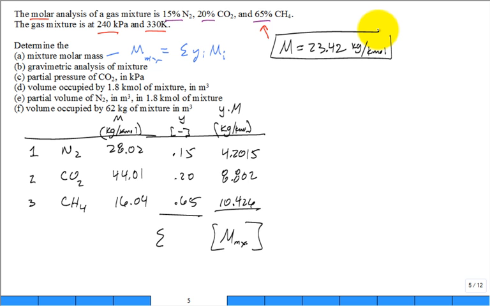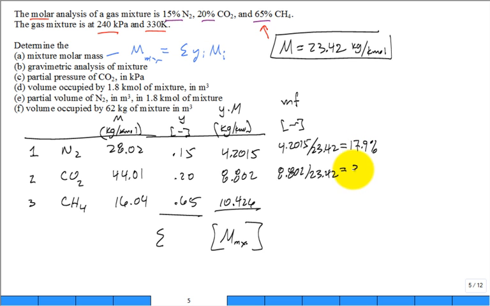Part B, what is the gravimetric analysis of this mixture? Well, I calculate the mass fractions. So how do I calculate the mass fractions, which are dimensionless? That's right. So it'd be 4.2015 divided by 23.42, wouldn't it? And it would be the 8.802 divided by the 23.42. And so it's very easy to set that up. When you come in here with the mass fractions, this turns into 17.9%.